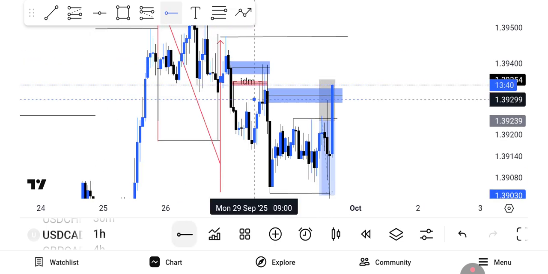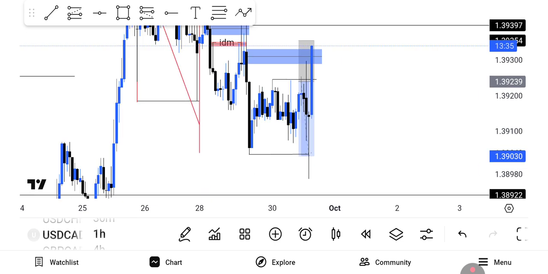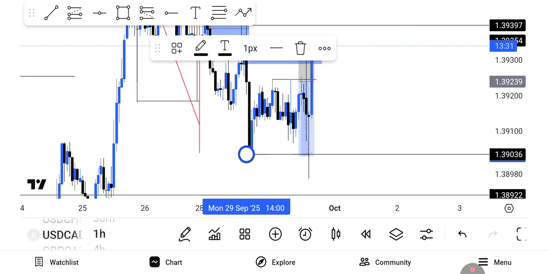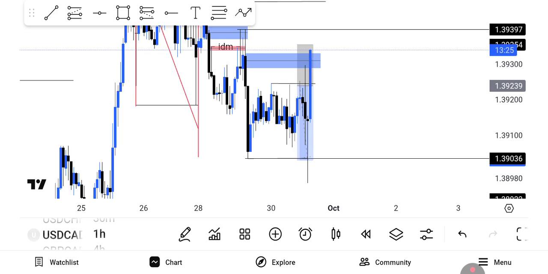So now this is where we are working to. We are looking for trade from this high here to this low. That is our trading range now on the 1 hour.